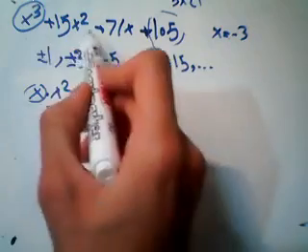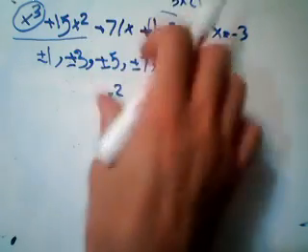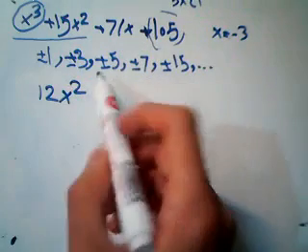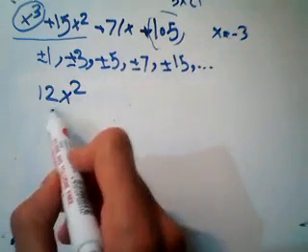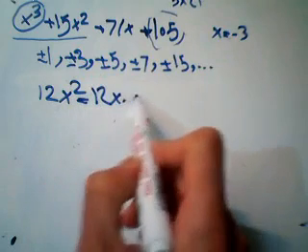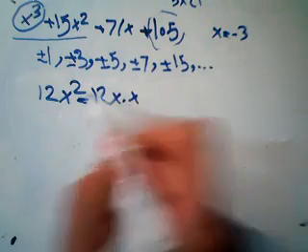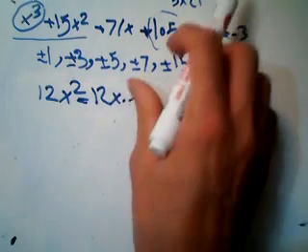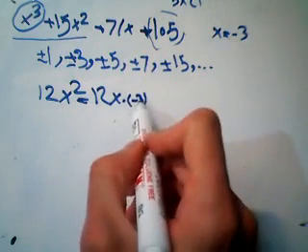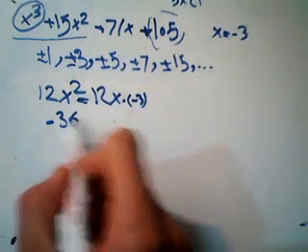Again, 12x squared equals 12x times x, and we substitute minus 3 into one of them. For instance, this one, minus 3 times 12, minus 36x.